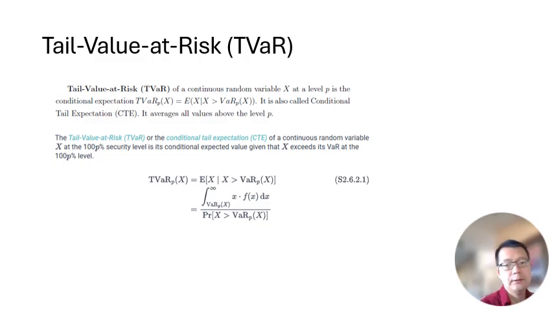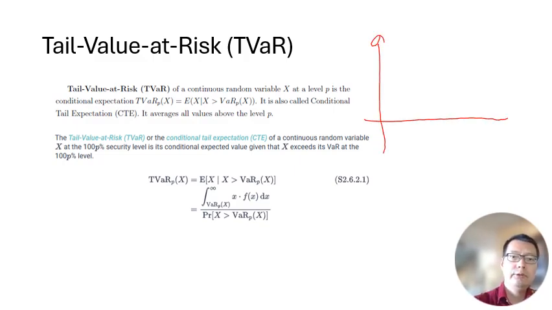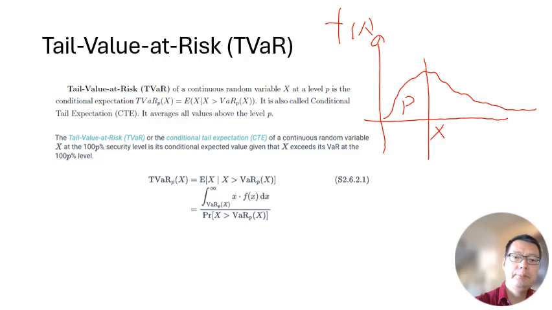It's probably easier if I draw a sheet. So if this is f of x and this is x, supposedly this gives you the probability p and 1 minus p on this side.